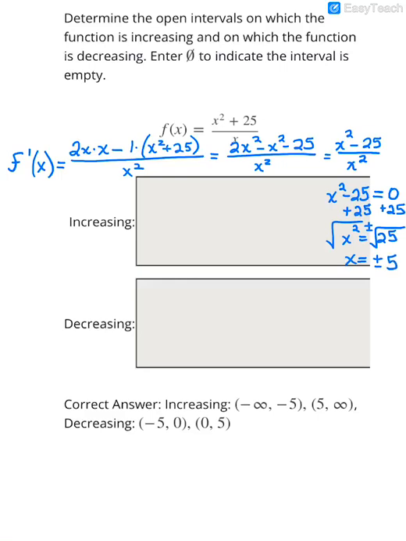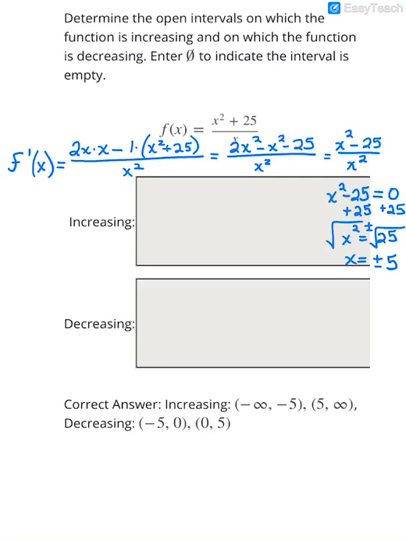Critical numbers also come from values that would make the first derivative undefined as long as they're part of the original domain. And so when we look at this, an x value of 0 would make the first derivative undefined, but when you look back at the original function, it's not part of the original domain because of the x in the bottom.